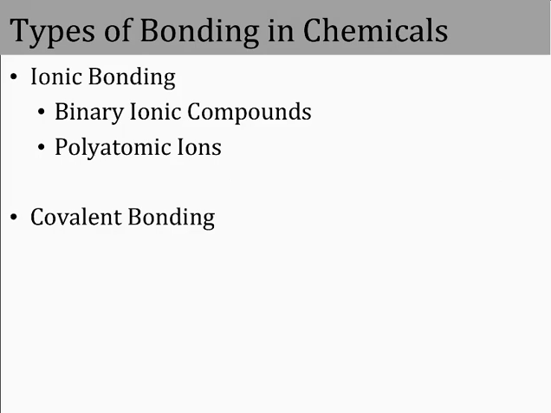Now, this is going to lead us into types of bonding in chemicals. So we have two main types of bonding. There's ionic bonding and covalent bonding. So in ionic bonding, electrons are transferred between atoms.